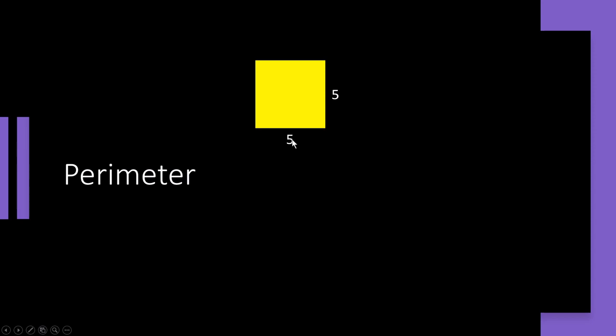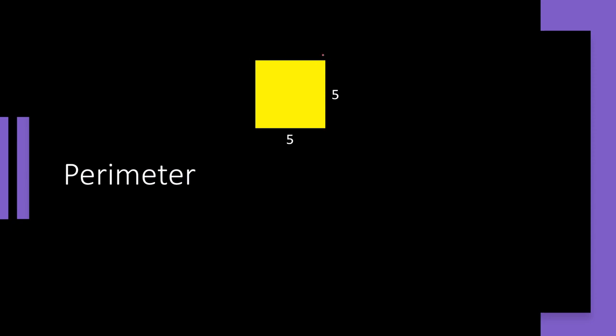So if this side is 5 and this side is 5, that means that this side is also 5 and this side right here is also 5. So to measure the perimeter for this shape, I'm going to add all these sides.